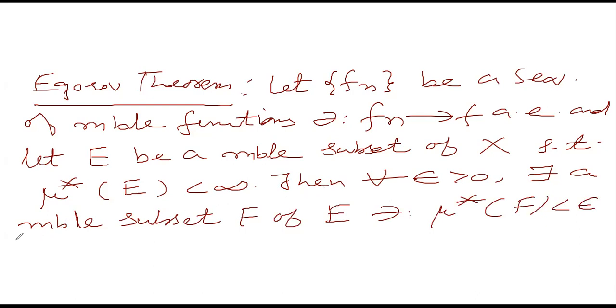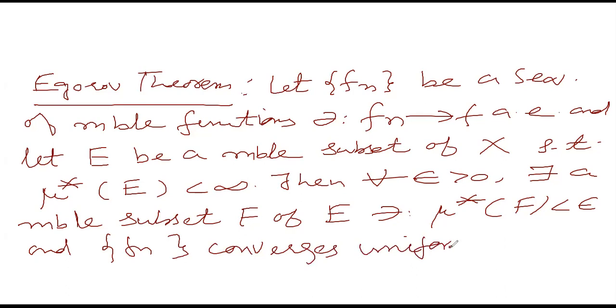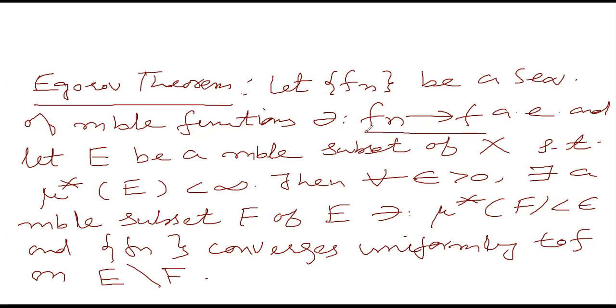and the sequence fn converges uniformly to the function f on E minus F. So this is a sequence of measurable functions such that fn converges to f almost everywhere, and E is a measurable subset of X with finite measure.